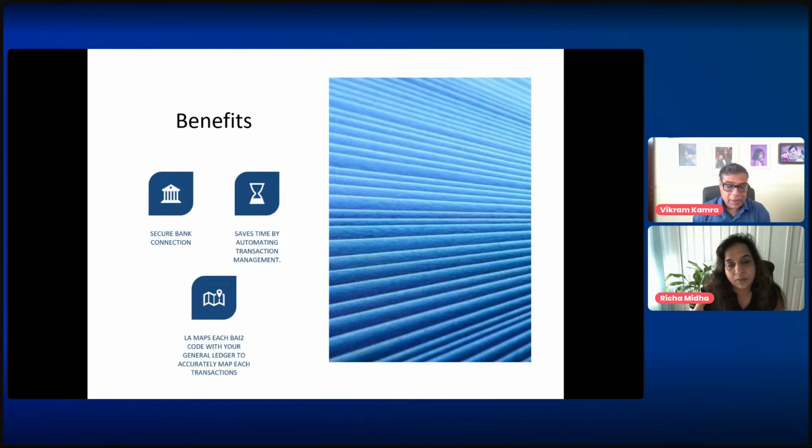As we are committed to providing all the latest and greatest technologies to you, this BAI2 is part of that initiative which Richard took, saying, hey, if there is any better solution available in the market, let's add it into Law Accounting, and that's why we have this feature. As I mentioned before, as a client, you're not going to pay extra.